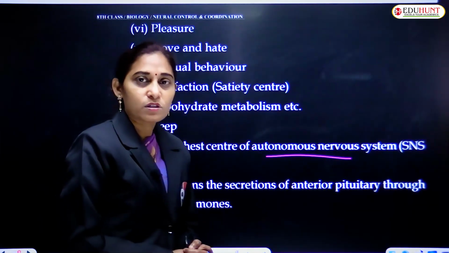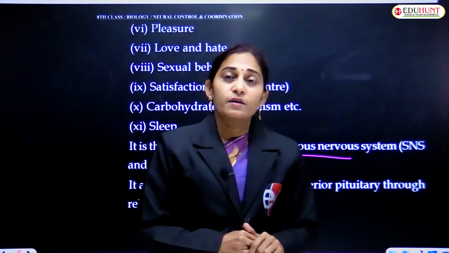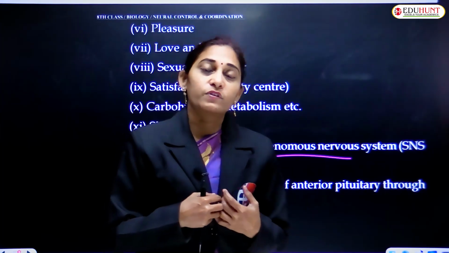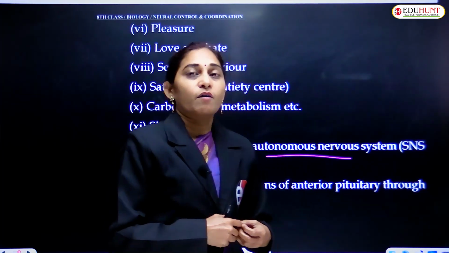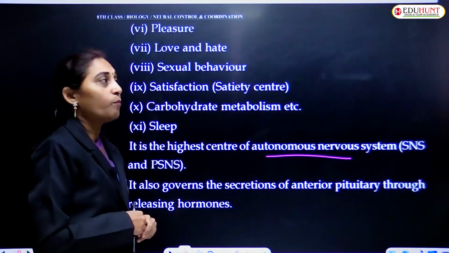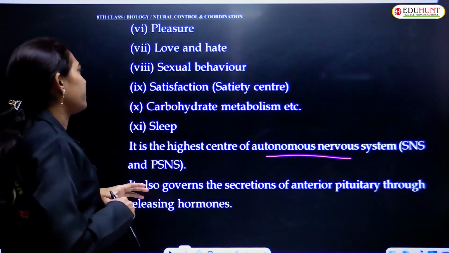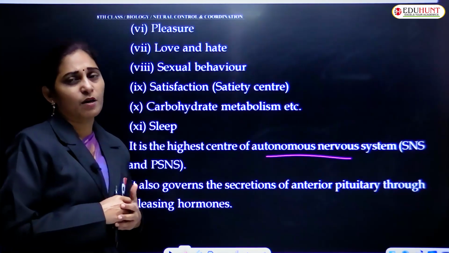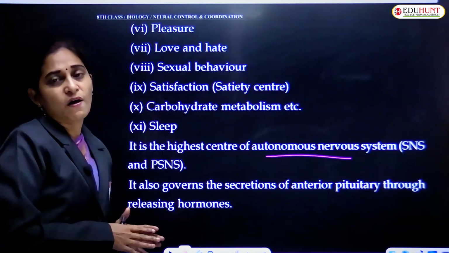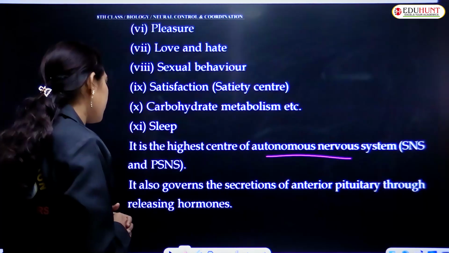The hypothalamus controls osmoregulation, perspiration, the urge of hunger and the urge of thirst, thermoregulation, that is the control of body temperature, pleasure, love, hate, satisfaction, sexual behavior, carbohydrate metabolism and sleep. All these functions are under the control of the hypothalamus.